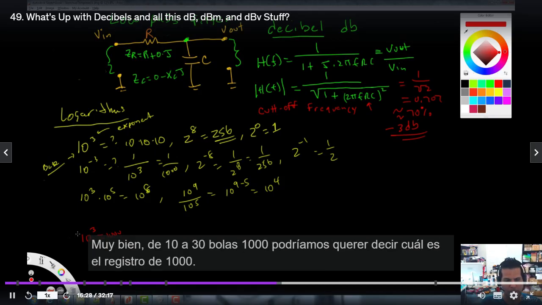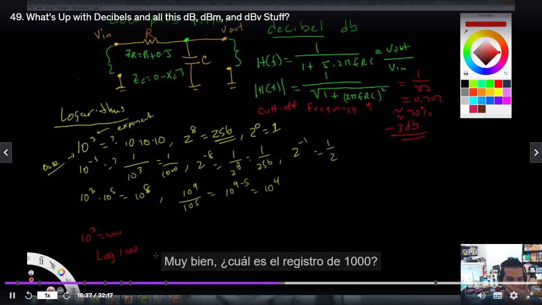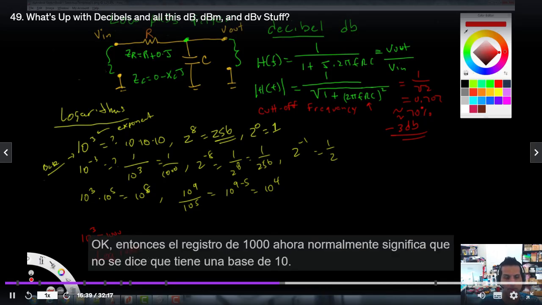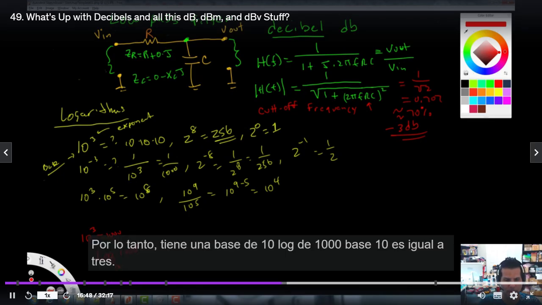Given 10 to the third equals 1,000, we might want to say, what's the log of 1,000? Log typically means, unspoken, that it has a base of 10. So the log of 1,000, base 10, equals 3.